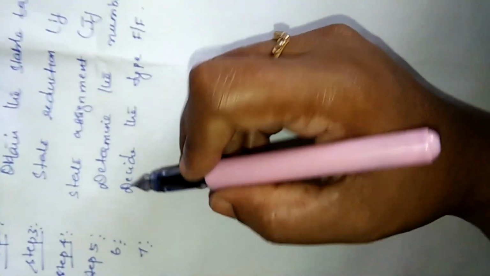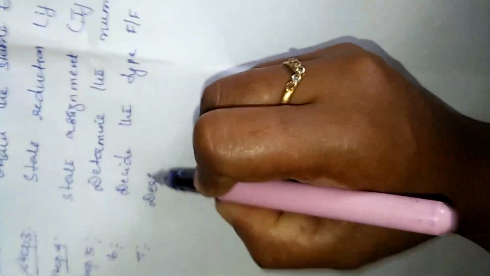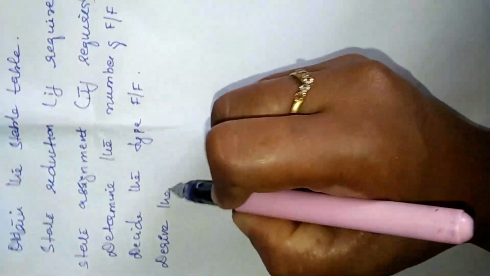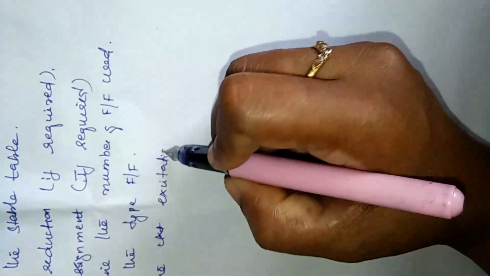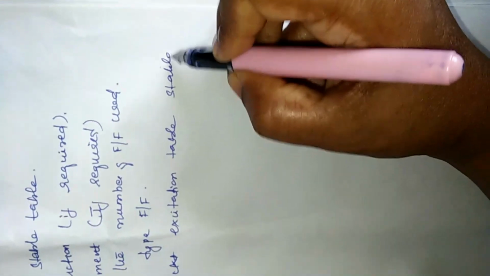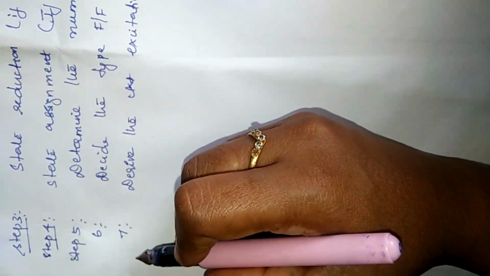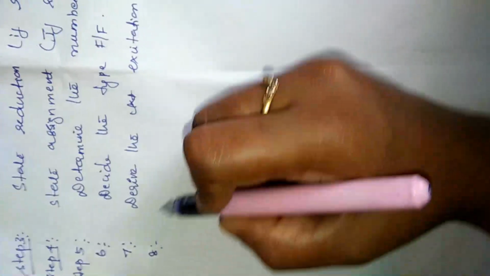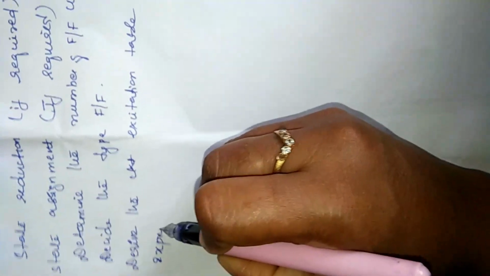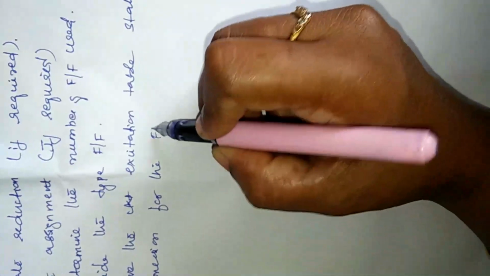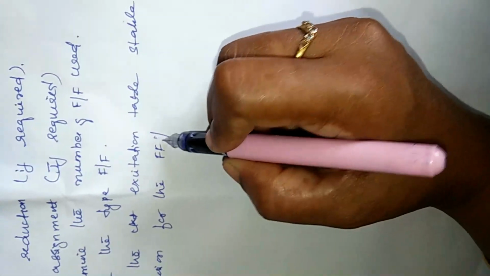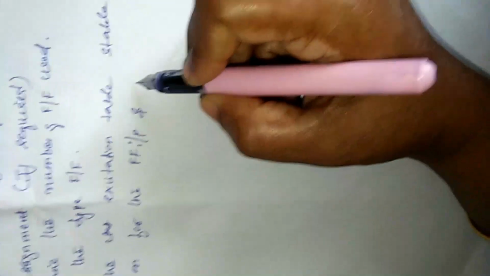Step 7, a very crucial and important step, is to derive the circuit excitation table. This is very, very important. This excitation table is again got from the state table. Next, step 8 is we'll have to obtain the expression for the flip-flop input as well as the circuit output.